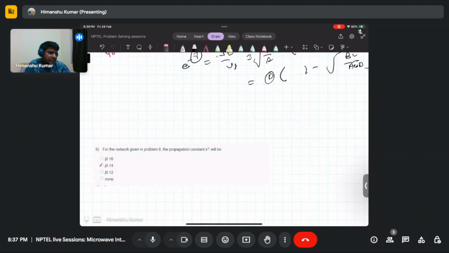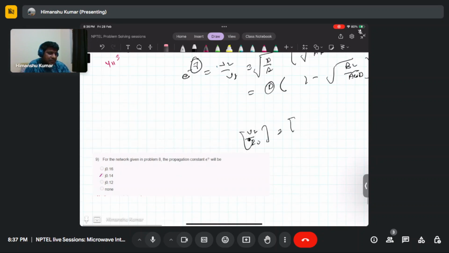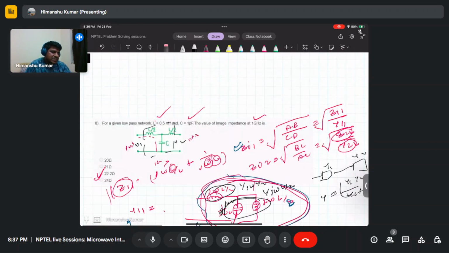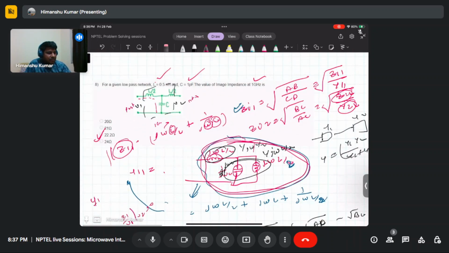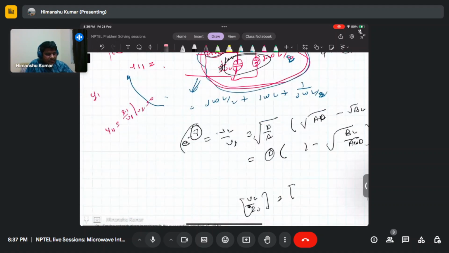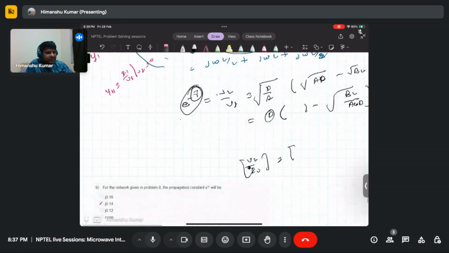Basically, V2 by I2 is equal to... because the image impedance is calculated like this, you need to calculate this, so the propagation constant is given by this.